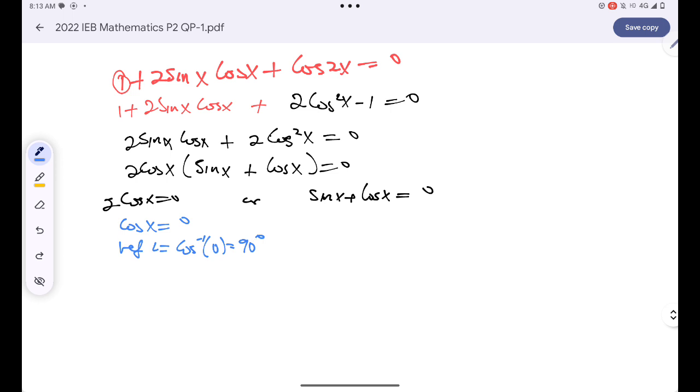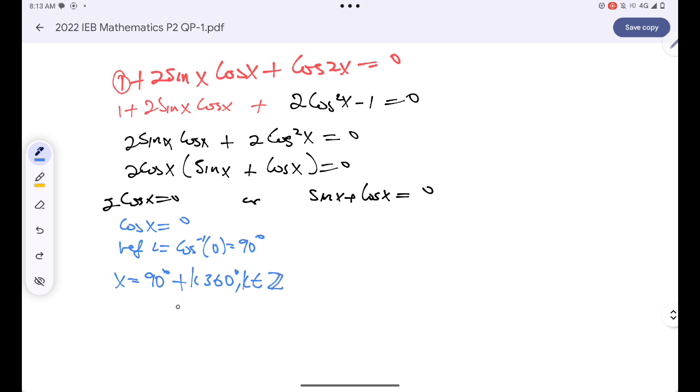So all I need to do, guys, is to just express my reference angle where cos is positive, because 0 is not a negative number, right? I'll simply say x, cos is positive in the first quadrant, and in the first quadrant we just write our reference angle as it is. So x is equal to 90 degrees plus k 360, where k is an element of integers. Are we together?